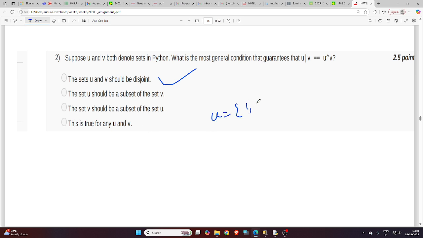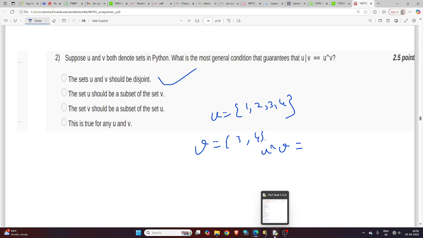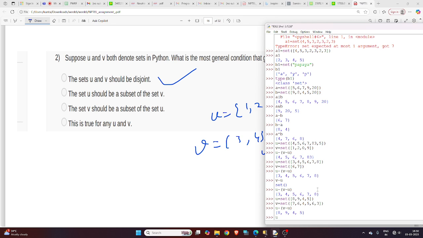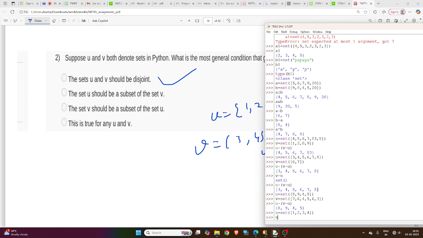Let's say u is {1, 2, 3, 4}, and v is, let's say, {3, 4}. So what is u ^ v?